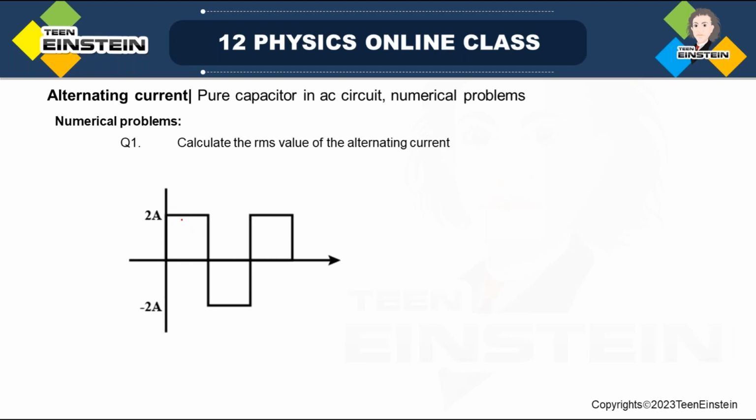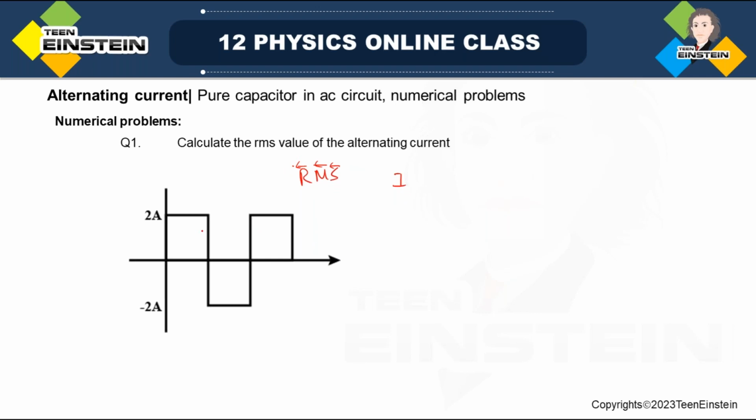Generally, how do we calculate the RMS value? RMS means root mean square. We go from last: square it, then take the mean, then take the square root of that.